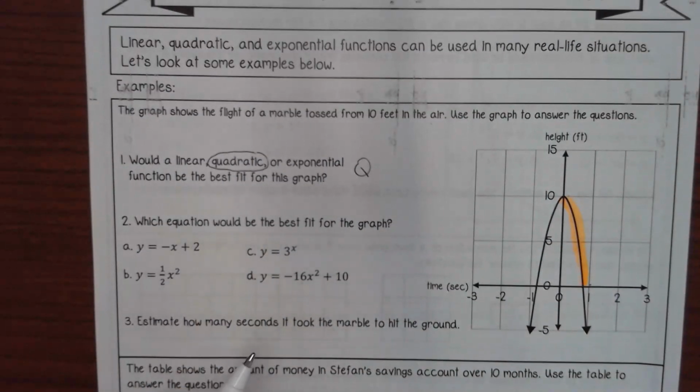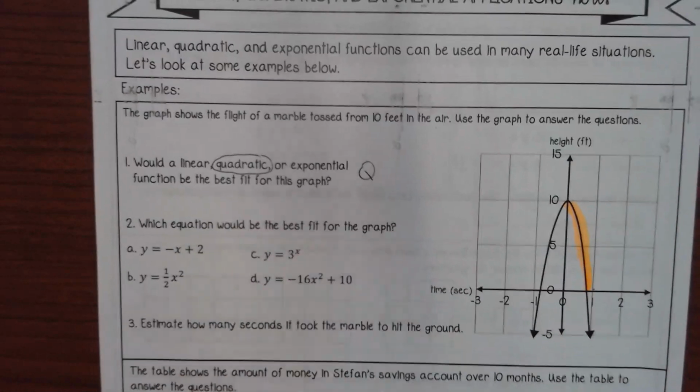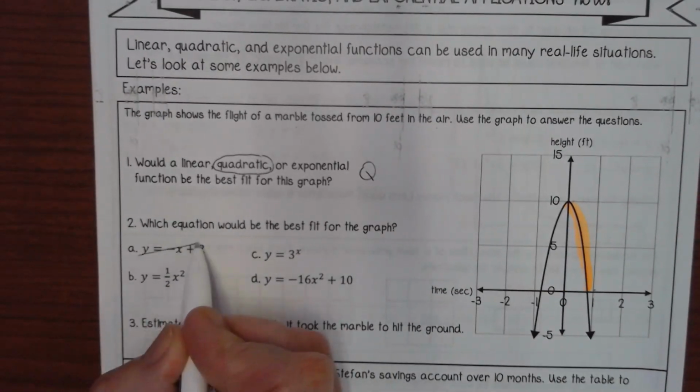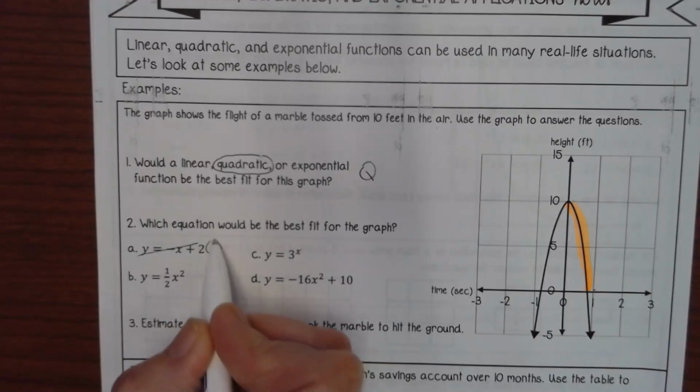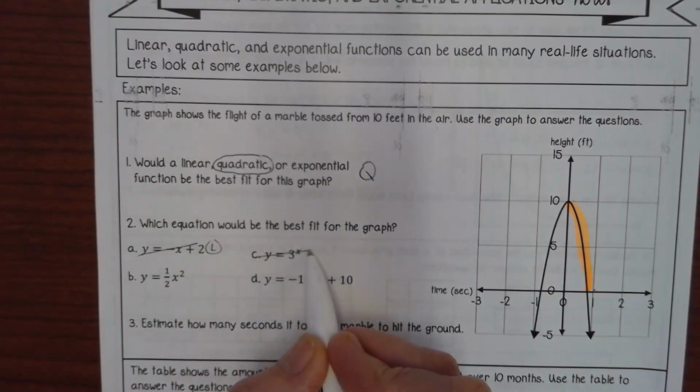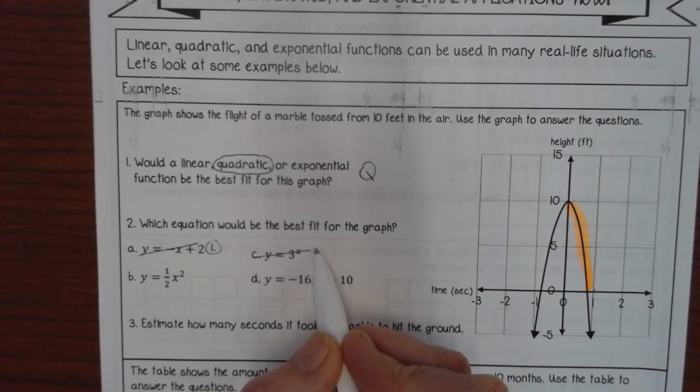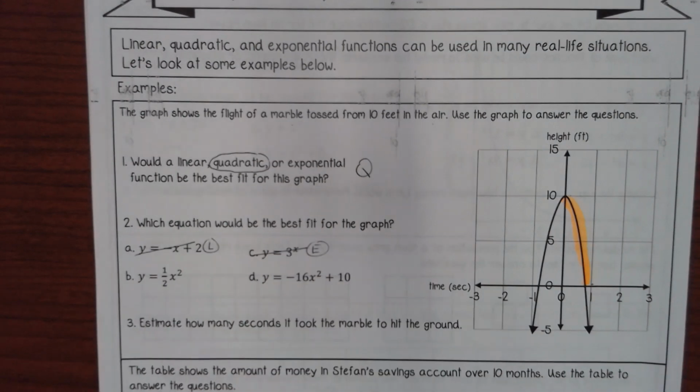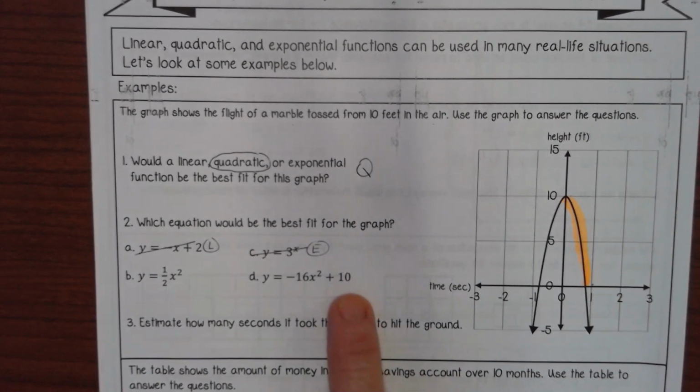Then it says which equation would be the best fit. Well, y'all, if we know it's quadratic, we can cross this out because that's linear. We can cross this out because that is exponential. Okay, so now we're down to 2.